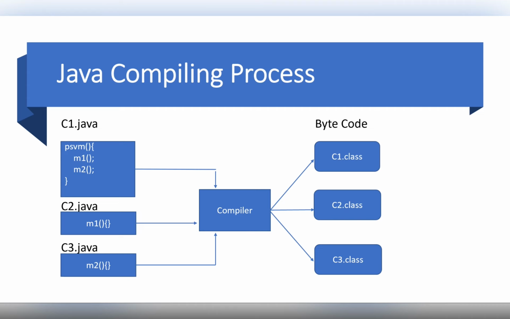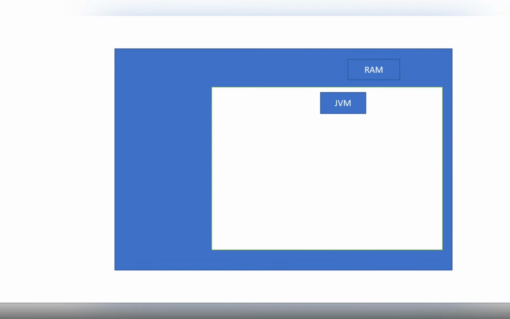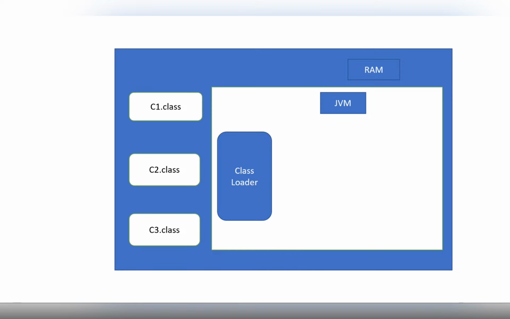Now see what happens, how we execute these .class files. In our memory RAM, we have JVM. In JVM, we have a class loader which loads all these .class files into the RAM. Once these .class files got loaded, in JVM we have a bytecode verifier. What the bytecode verifier does is verify all the bytecodes of C1, C2 and C3 .class files to check all the security aspects of this bytecode.